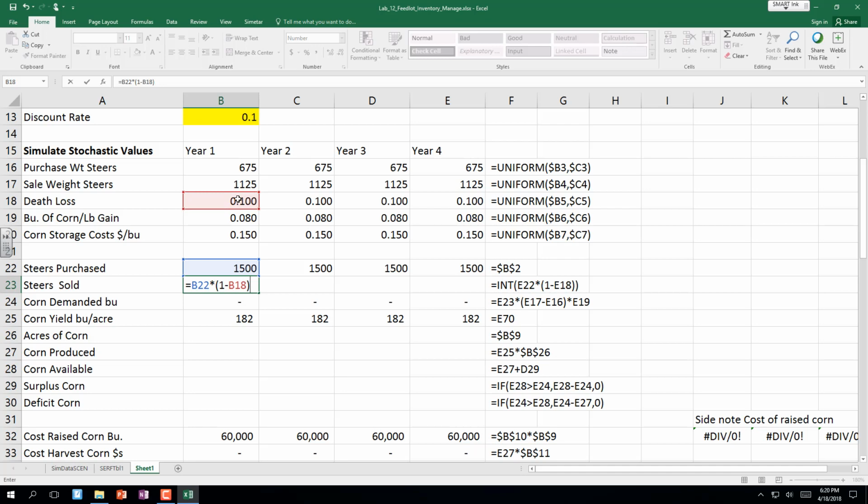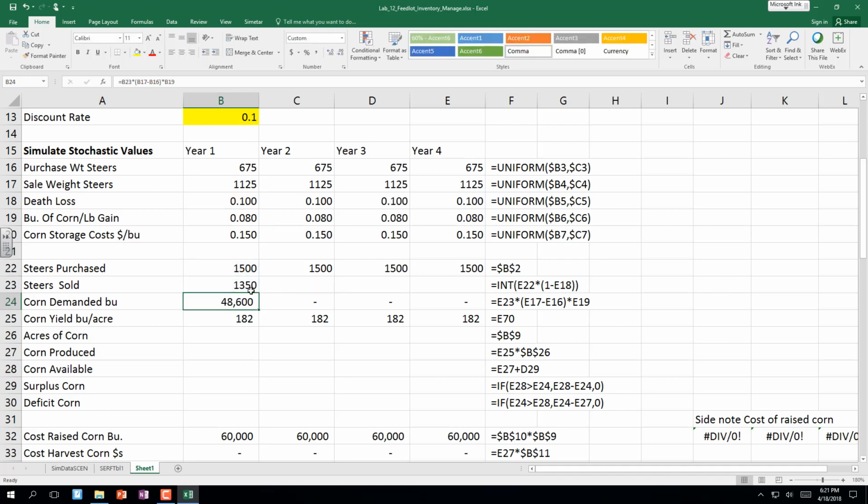And I put integer on that because it's hard to sell a half a cow. I tried one time, they didn't like her. She had too big a pink eye, and so they kicked her back.